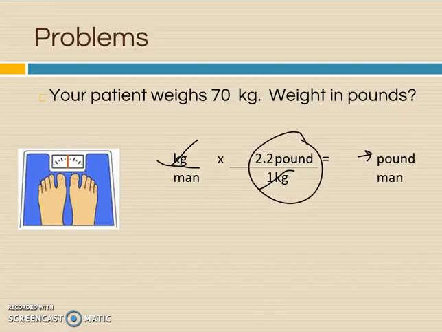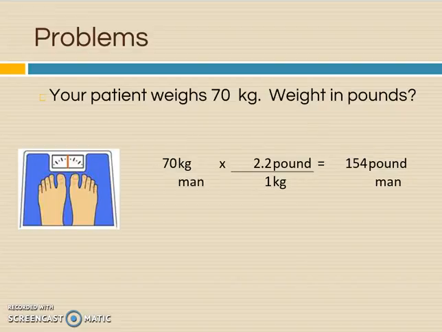So anyway, continuing on, we have a 70 kilogram man, and we're multiplying that by 2.2 pounds per kilogram, and we get 154 pound man. No decimal points. Okay.